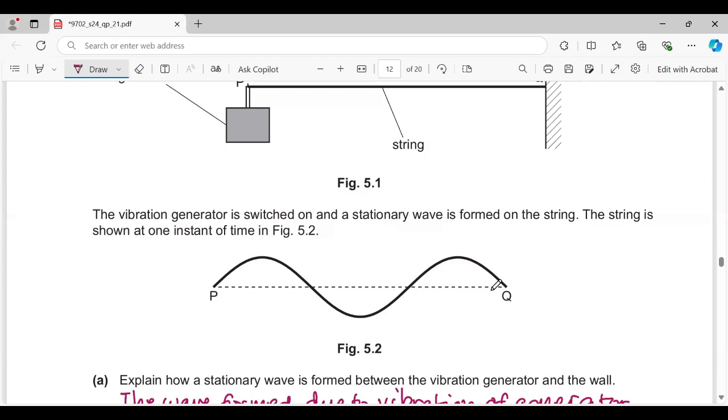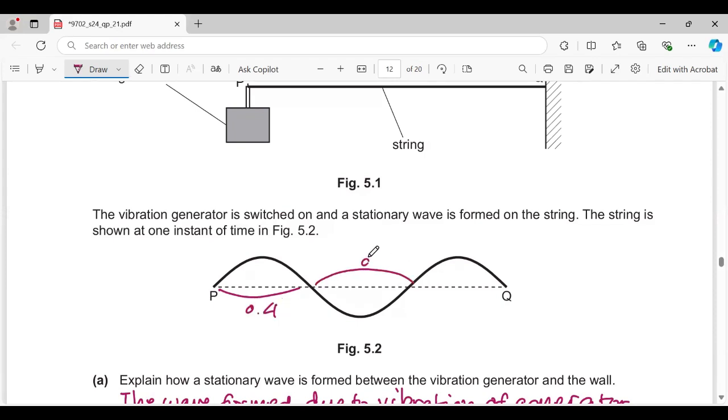Two crests and one trough, so it means one, two, three. So 1.2 divided by 3 is 0.4.